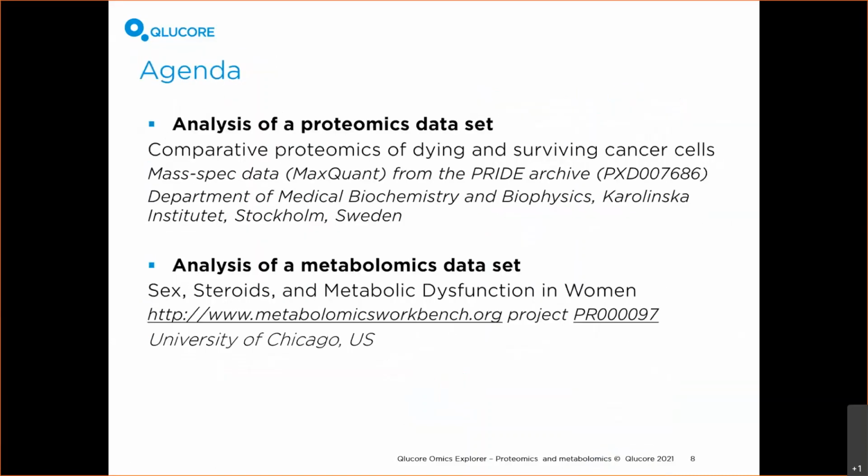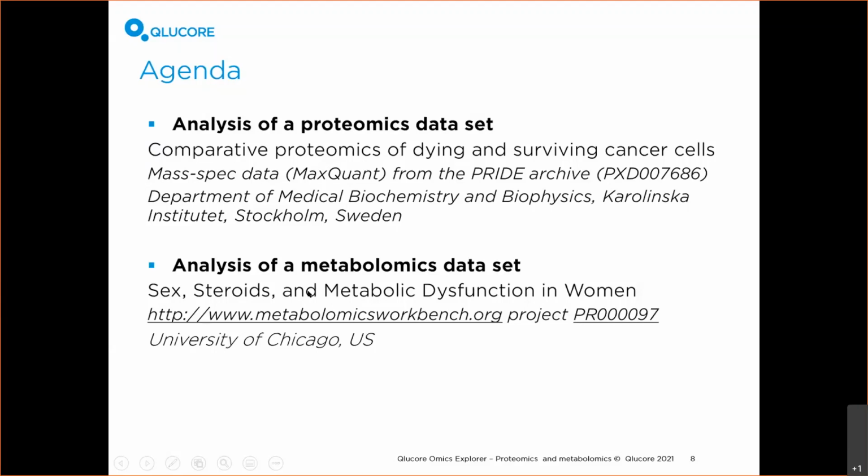So the agenda today is to first analyze a proteomic data set, which the title of that is Comparative Proteomics of Dying and Surviving Cancer Cells. It's a mass spec data set from MaxQuant from the Pride archive. And this has been published by researchers at the Karolinska Institute in Stockholm in Sweden.